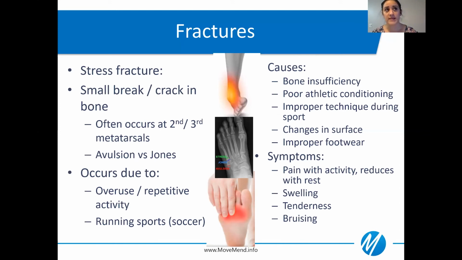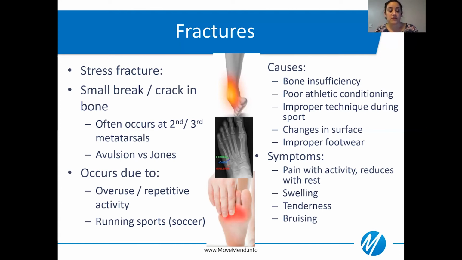So symptoms that we typically are seeing when we suspect a Jones fracture is pain that decreases with rest, pain that occurs when they're performing their activity or their sport, swelling and bruising on the outside of the foot, and maybe even some point tenderness to that area.